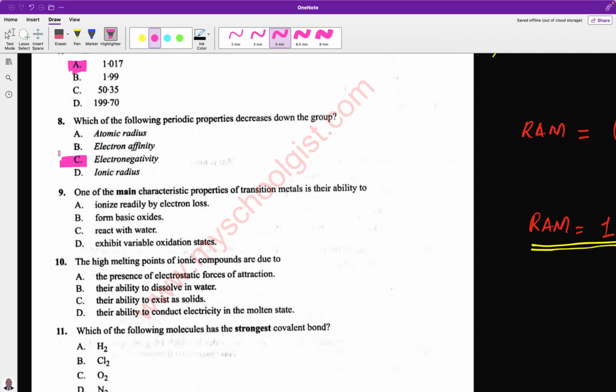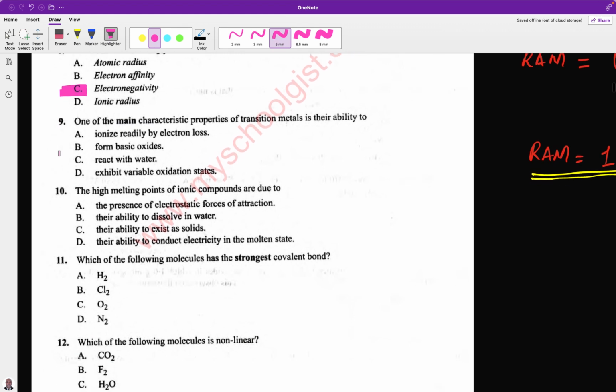Now let's go to question number 9. One of the main characteristic properties of transition metals is their ability to... Remember that transition metals are found within the d block. Not all the d block elements are transition metals.